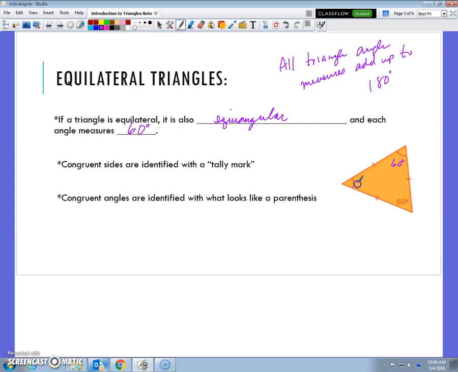All right, and once again, you see these little tick marks on the side of my triangle here, this little diagram. Since each of them has 1 tick mark, that tells me that each side is the same length.